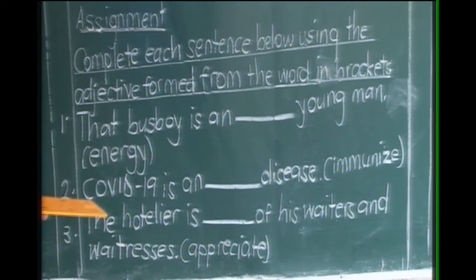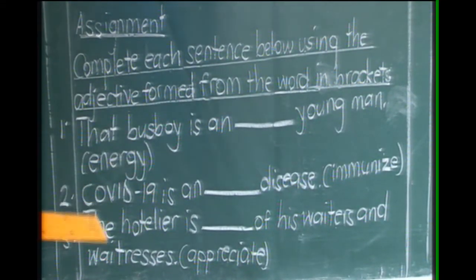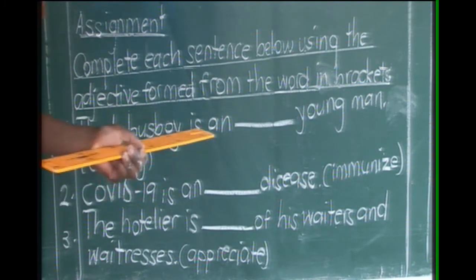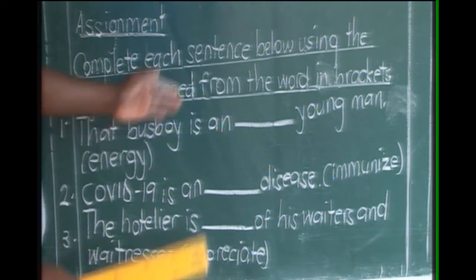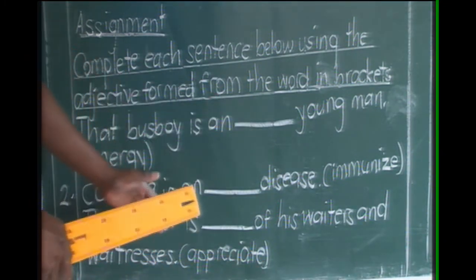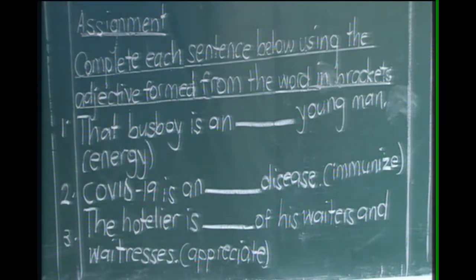Read the sentence carefully, understand it, then form a correct adjective from the word given in brackets. We are moving together reading the questions, then later it's your turn to answer, because most of the adjectives given in brackets here are already in the work we have covered here, or in the previous one.